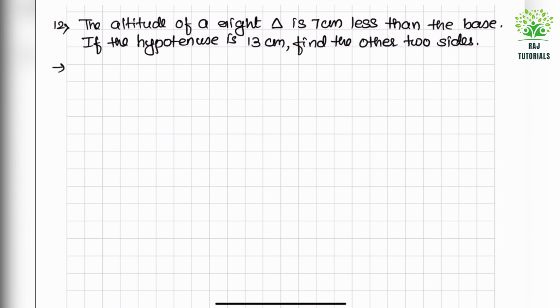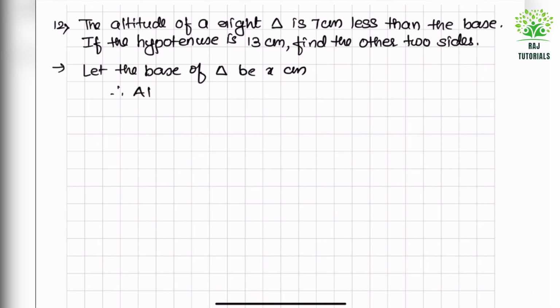Now, the next question says the altitude of a right triangle is 7 centimeter less than the base. If the hypotenuse is 13 centimeter, find the other two sides. So, let the base of the triangle be x centimeter.